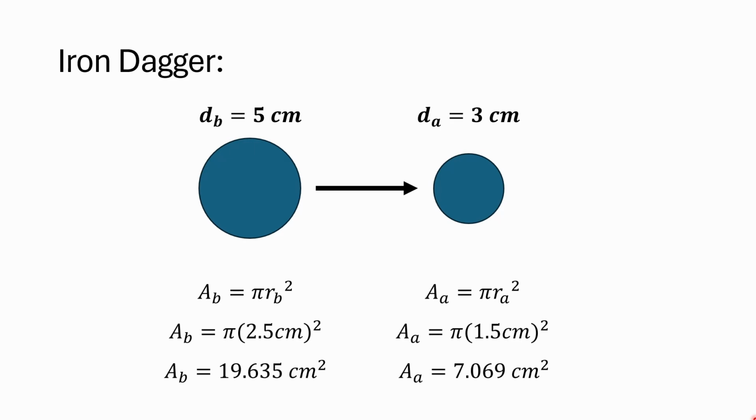Now, using these diameters, we can find the cross-sectional areas before and after the elongation. The area of a circle is just pi r squared. So we're going to do that on both sides, and find that our area before the elongation was 19.635 centimeters squared, and the area after the elongation was 7.069 centimeters squared.